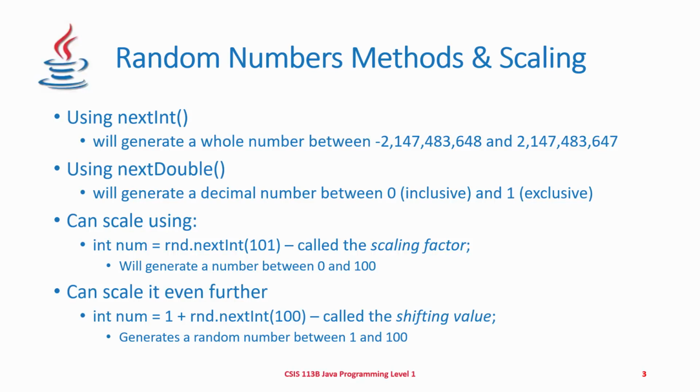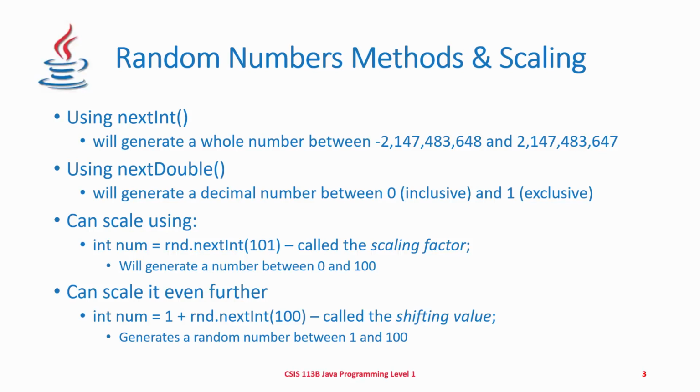Using double, which gives us the ability to have decimal places, the number that's derived is between 0, which is inclusive, meaning 0 is one of the numbers we could arrive at, and 1, which is exclusive. You would have to use scaling to get the value of 1 if you wanted to, but realize that would just give you basically 0 or decimal values.